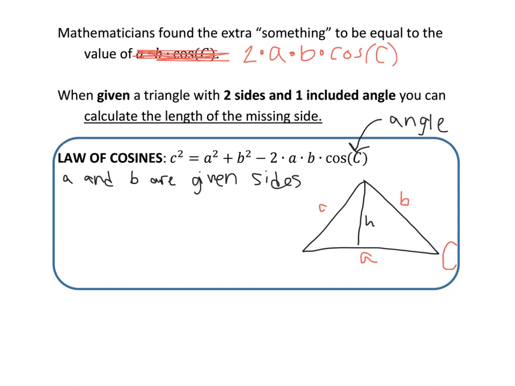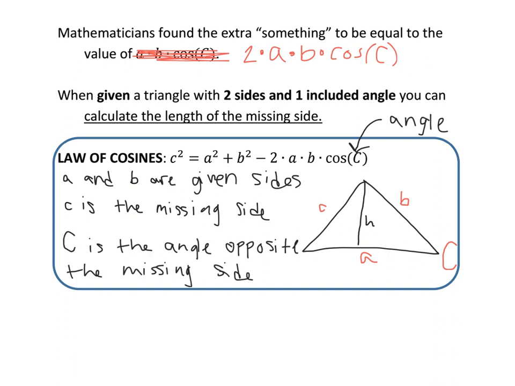And so a and b are our given sides. Lowercase c is the missing side. And the capital C is the angle opposite of the missing side. So in a moment here, we're going to do some practice problems using the law of cosines.